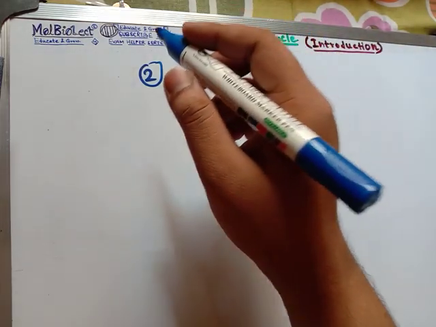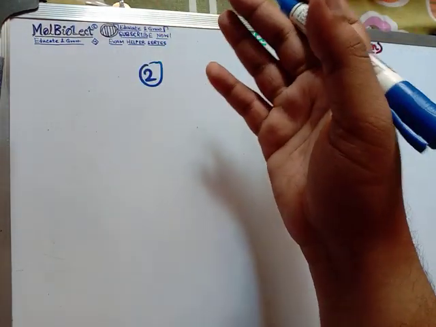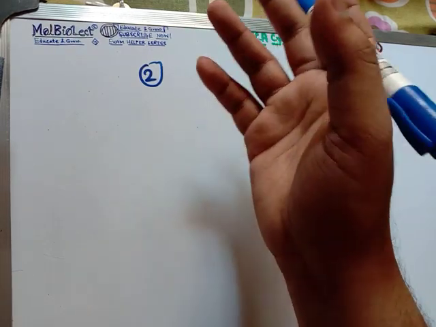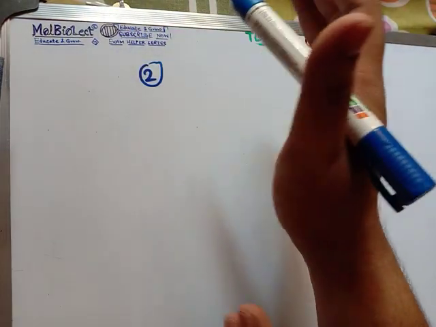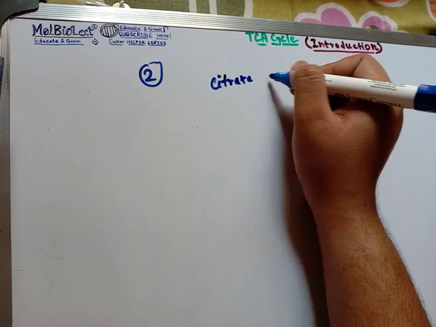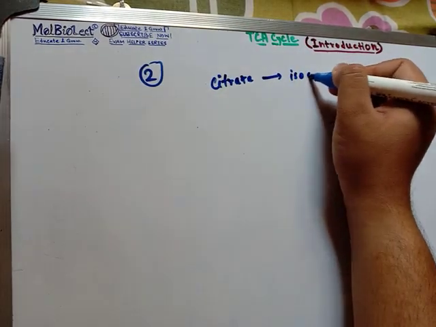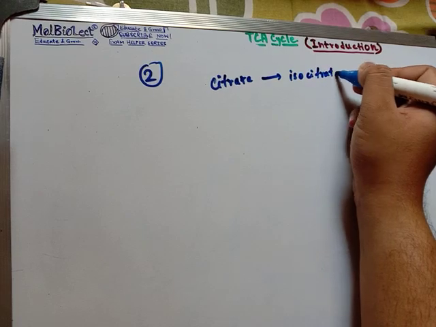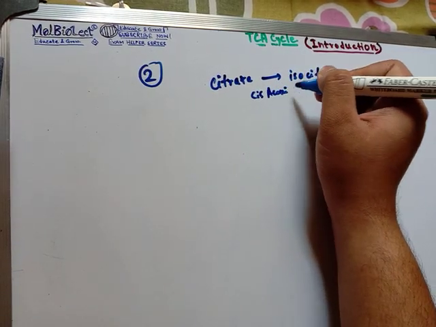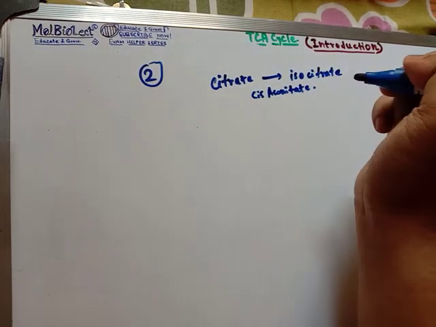Now reaction 2. In this reaction isocitrate formation is carried out via an intermediate known as cis-aconitate. So from citrate we will have isocitrate, but this has an intermediate known as cis-aconitate.